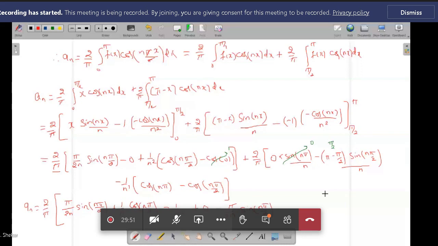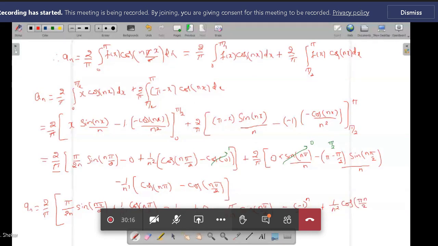And now the last term: cos n pi is minus 1 power n, so minus into plus is minus 1 power n divided by n square, and then minus into minus plus, plus 1 by n square into cos n pi by 2.